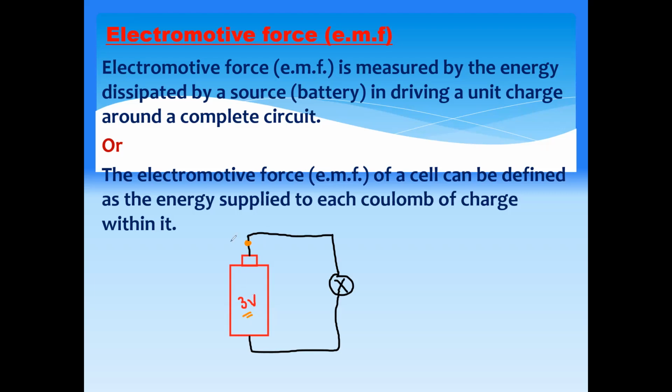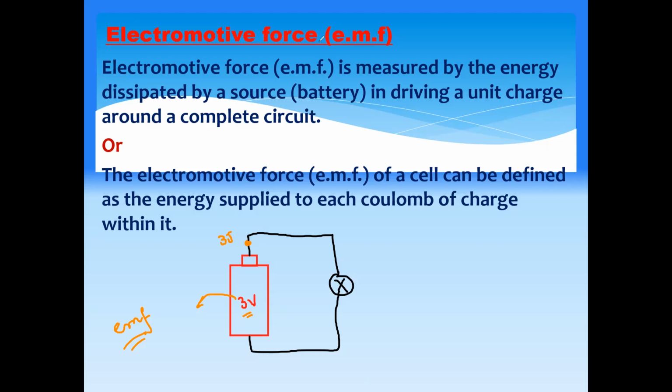If it is 3 volts, it means this charge will carry 3 joules of energy. And the energy carried by 1 coulomb of charge, we call that electromotive force, or in short, EMF.